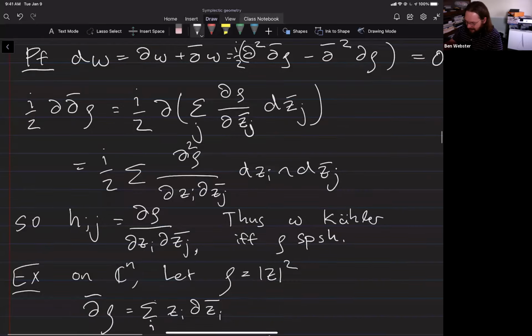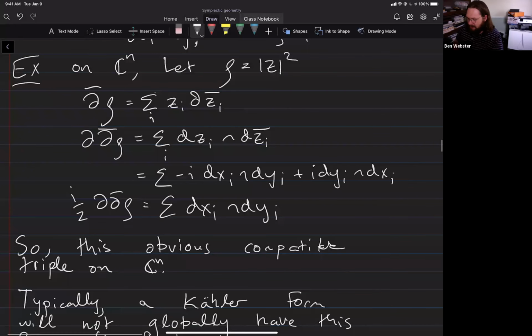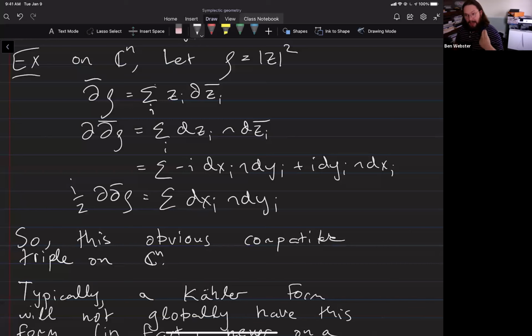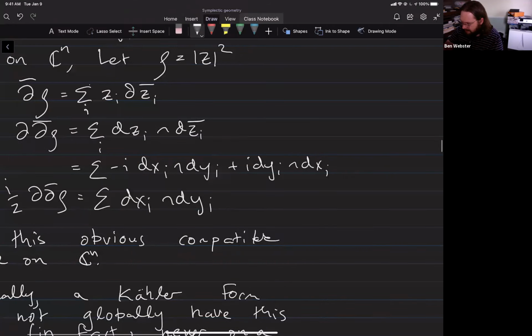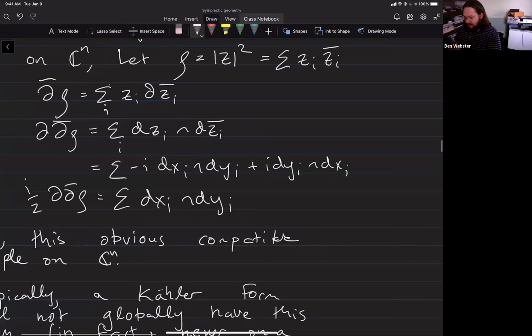All right, so let's look at an example. On C^n, you can let rho just be the square of the usual norm on C^n. If I do that, I can write this as the sum of z_i times z_i bar.